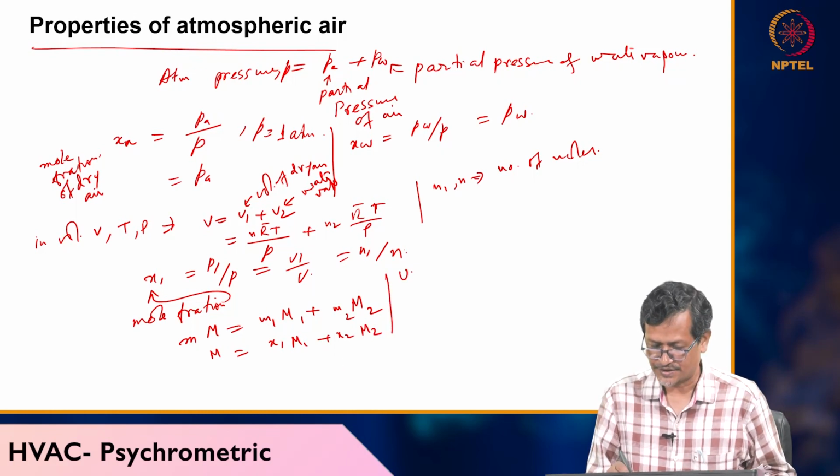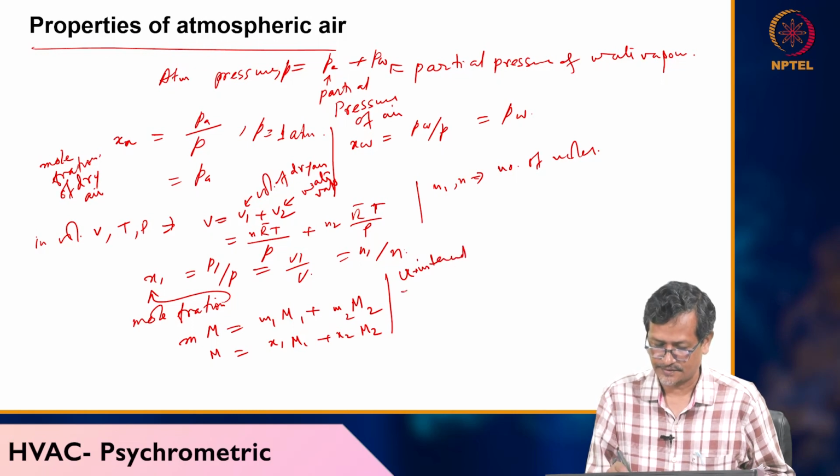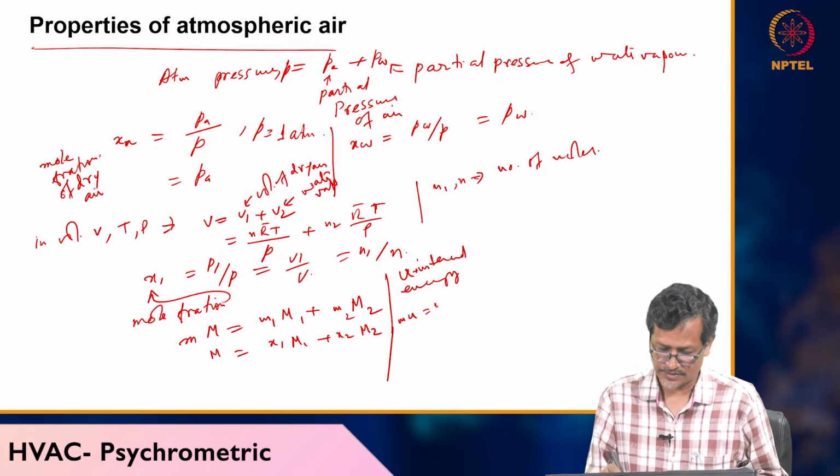Okay, U is internal energy, so mU equals m1 u1 plus m2 u2. So this is Gibbs law.